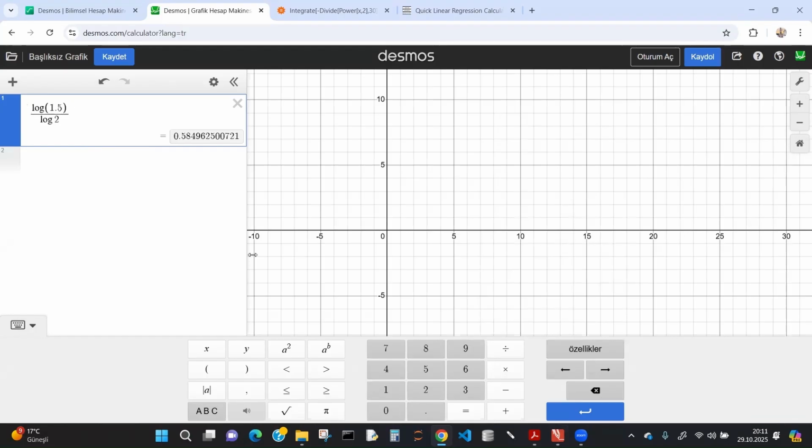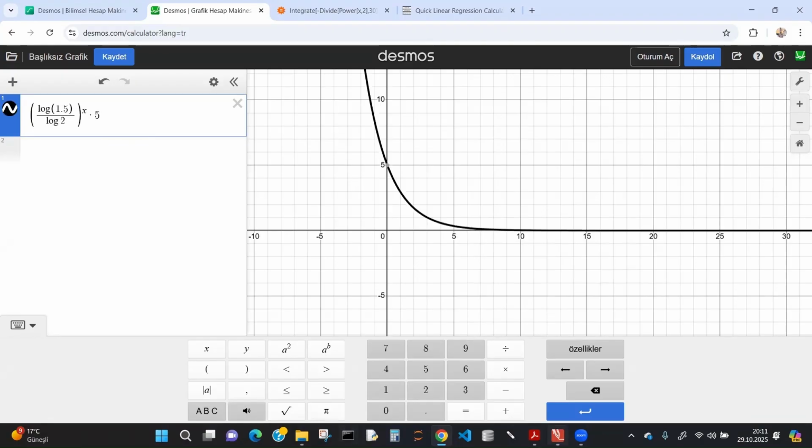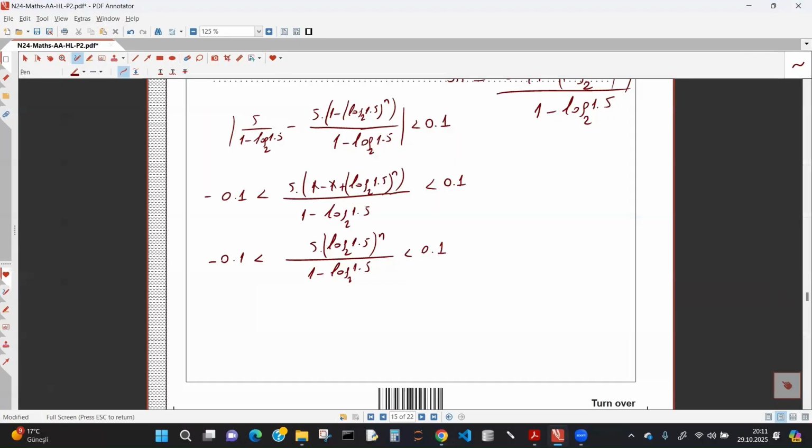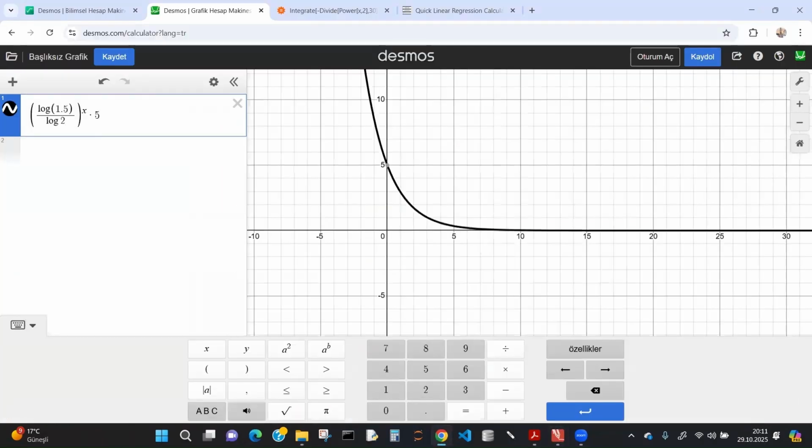So we can write the power of n or x in here, times 5 divided by 1 minus the same in here.